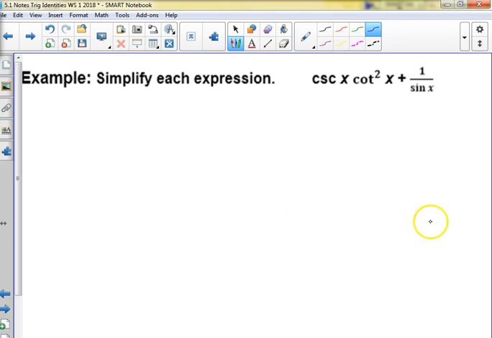All right. Let's start. So we want to get this down hopefully to a single trig function. Ideas? Do you remember these at all? What could we trade cosecant for? 1 over sine. Okay. Cotangent we could trade for 1 over tangent.